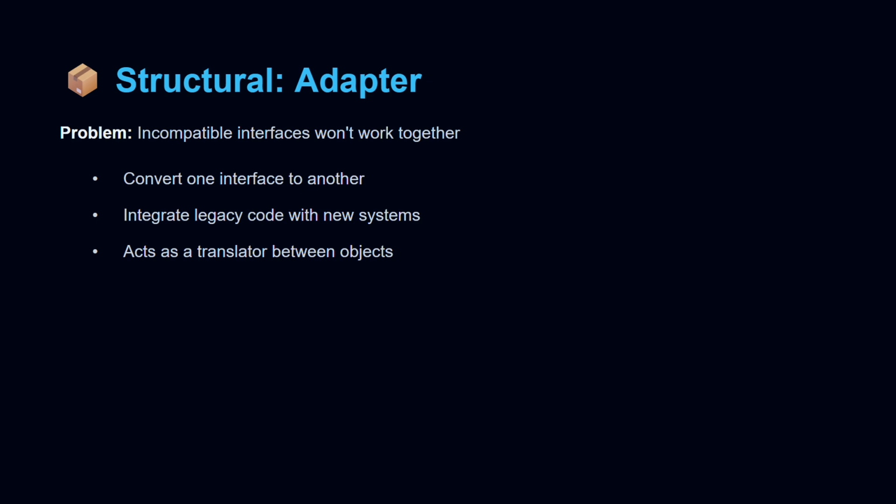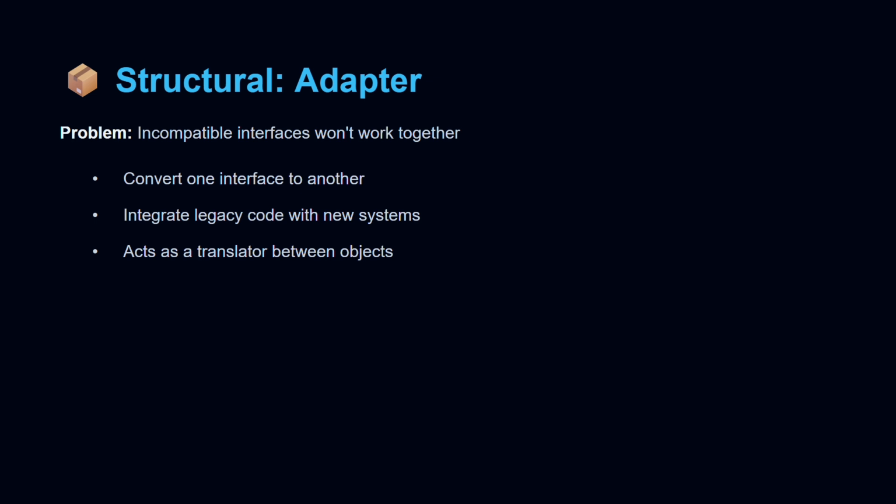It converts one interface to another and allows compatible objects to collaborate. Perfect for integrating old and new systems. Like we use USB adapters, it is the best example for this. They convert different socket types so the devices can communicate with each other.